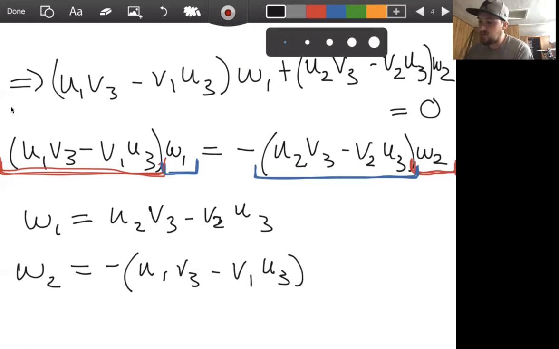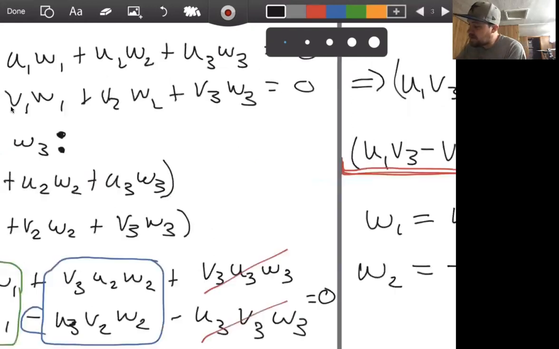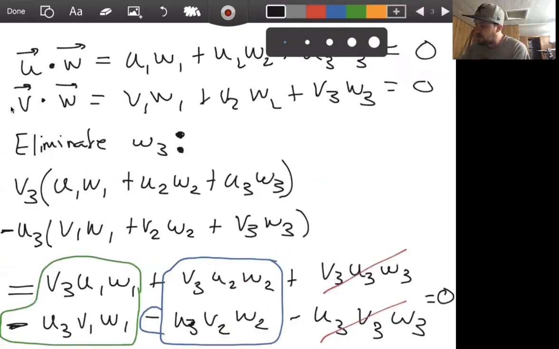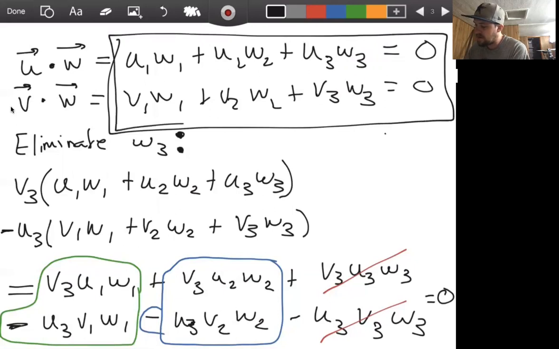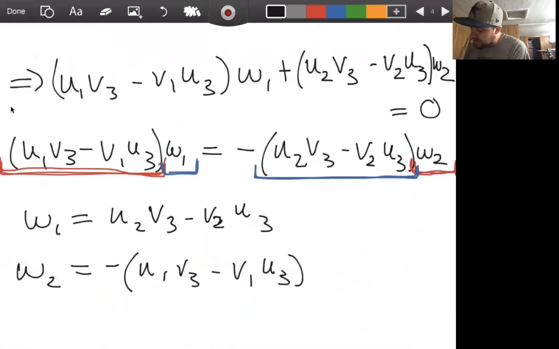Well, you can do a bit more algebra here. I'll save us the tedious algebra. What you would do is come back to the original equations up here. You would plug in what we learned for w1 and w2, and then you would solve for w3. Or you would just have to plug in one. You wouldn't even have to plug in both. Just pick the top equation, say, and then plug in w1, plug in w2, solve for w3.